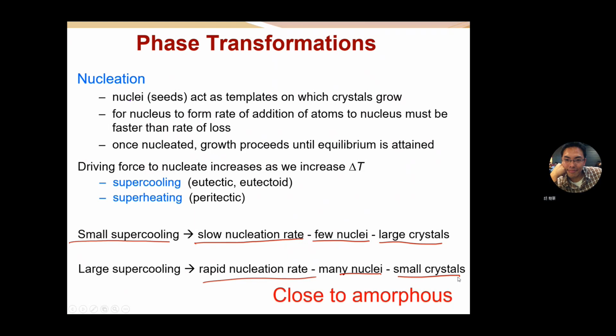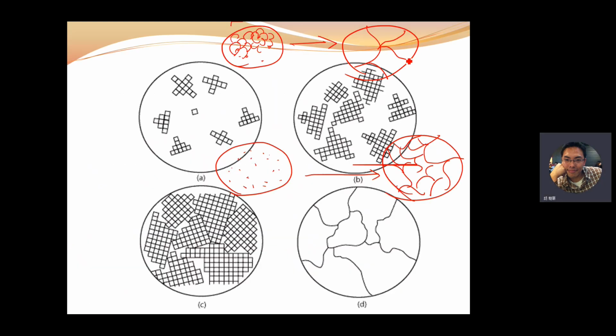Therefore, this crystal is larger than this one. So this is the slow, and this is the fast. So we can compare the difference between fast and slow cooling rates corresponding to the growth of crystals.